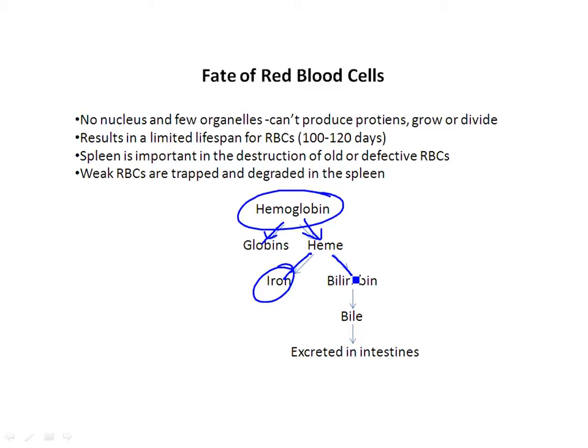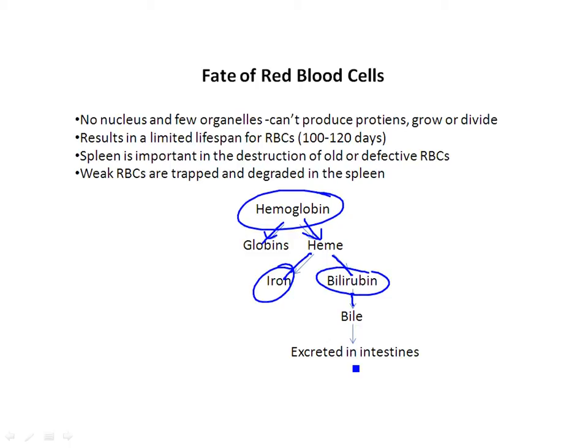Now, bilirubin is going to be taken to your liver, and it will be processed, and it will be excreted in bile. And you're going to learn later on that bile is used to break down fats and stuff like that. But anyway, it's excreted into your intestines. So you've got this bilirubin leftovers go into your bile, and then that gets excreted into your intestines.